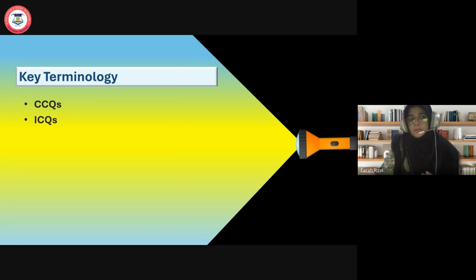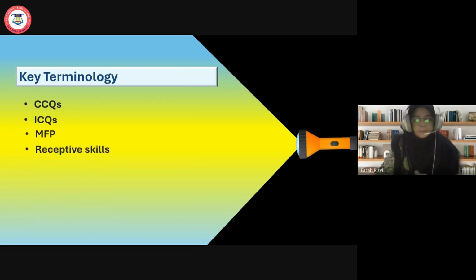Like if you have assigned them a task to do in a group, you can ask them an ICQ, are you going to work alone or in a group? Then MFP. MFP stands for meaning, form, and pronunciation, and it is important because, as I told you earlier, whatever you are going to teach, you are going to clarify the language through meaning, form, and pronunciation.